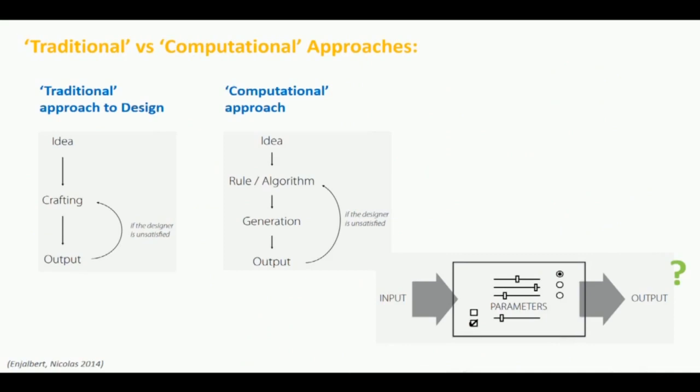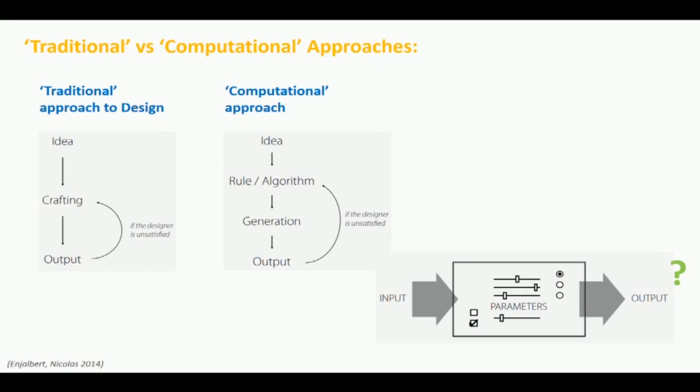So how is this different from the traditional approach to design? In the traditional approach to design, you have an idea. Obviously, you've done some research, hopefully before. You have an idea, and then you sit in front of a piece of paper, and you start translating your idea on paper or in clay if you're using a different medium.